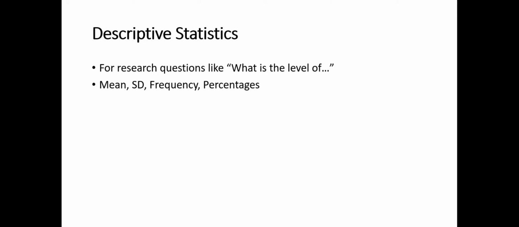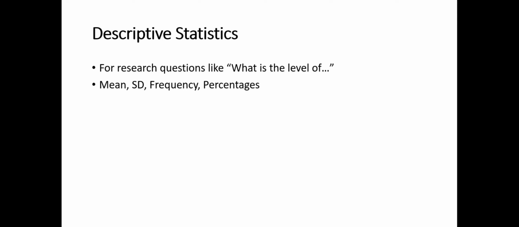Now, the descriptive statistics that we can use are as follows. It usually answers questions like, what is the level of awareness of students on social media ethics? So we use here the following statistical tools.